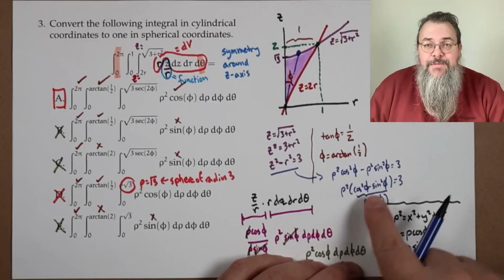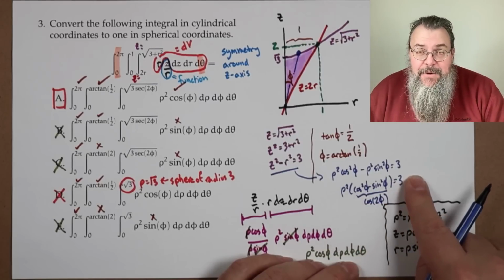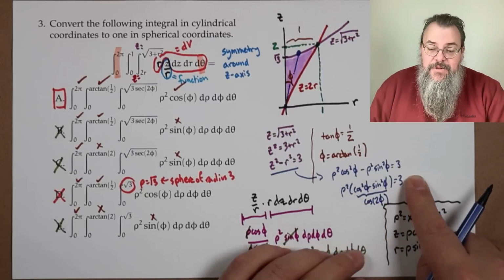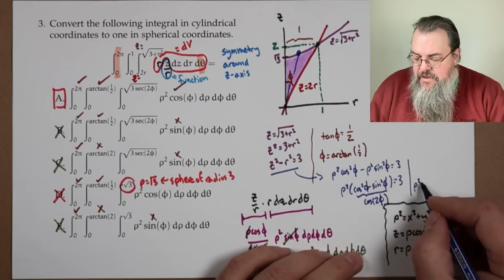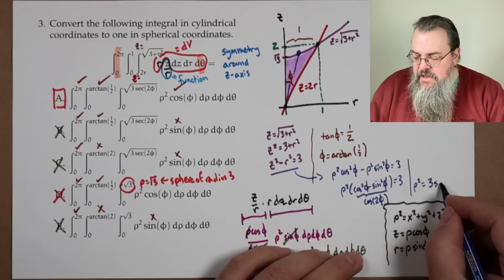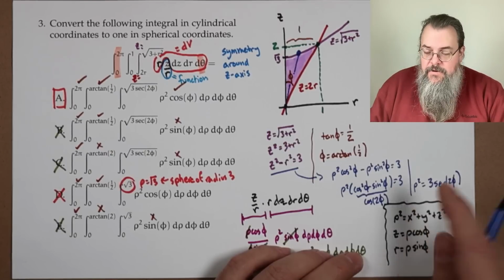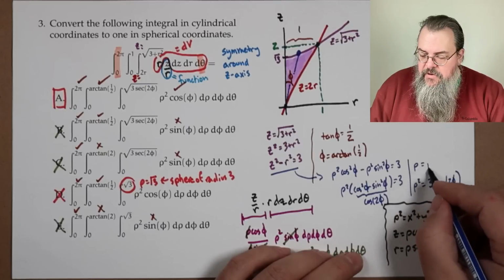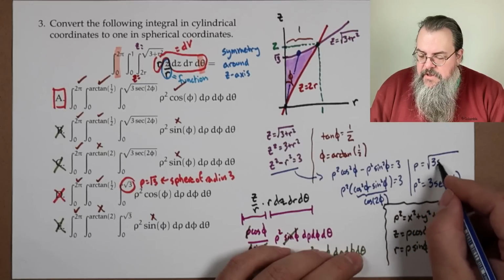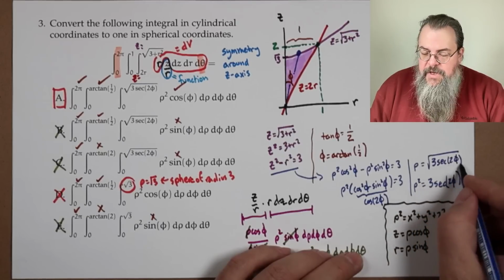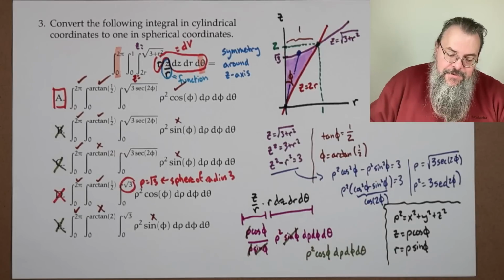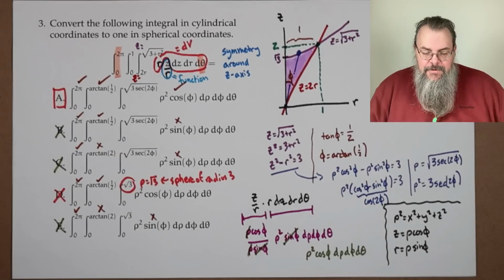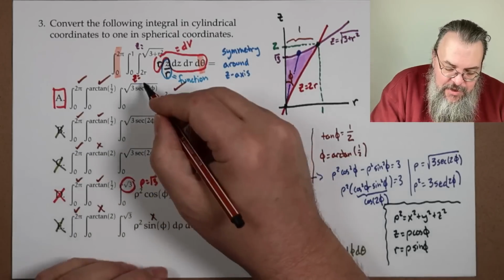We do it by dividing. Dividing by cosine really means multiply by secant. So that gives us rho squared is 3 secant 2 phi. And now if you want rho, take the square root. Rho equals square root of 3 secant 2 phi. Which means that we need to go from 0 to the square root of 3 secant 2 phi. Which, yes, that's the right bound here.